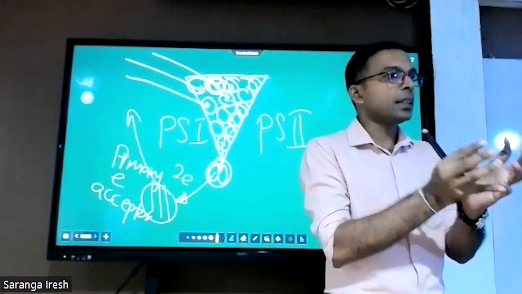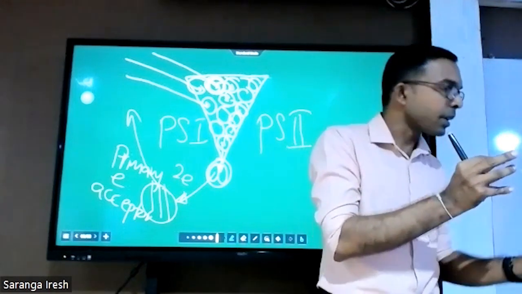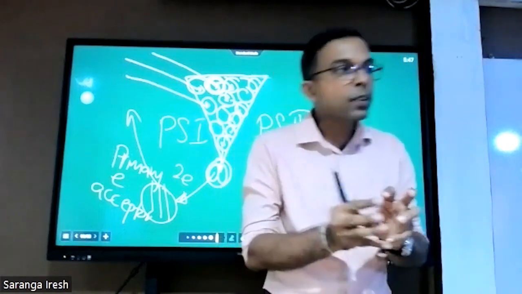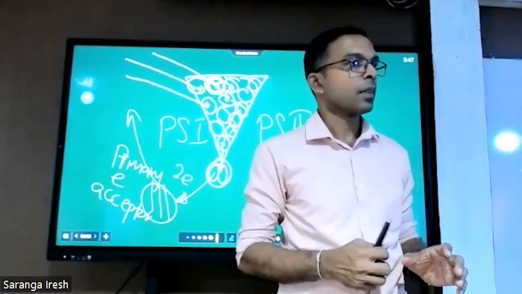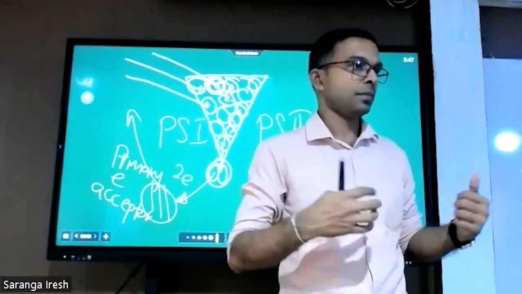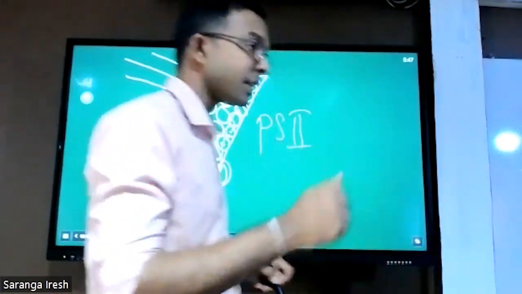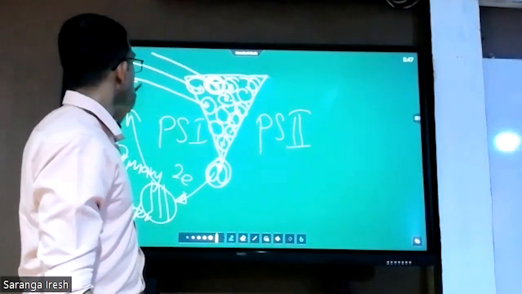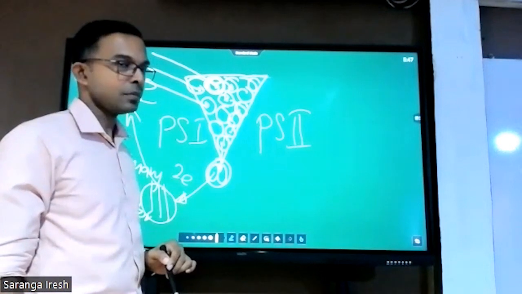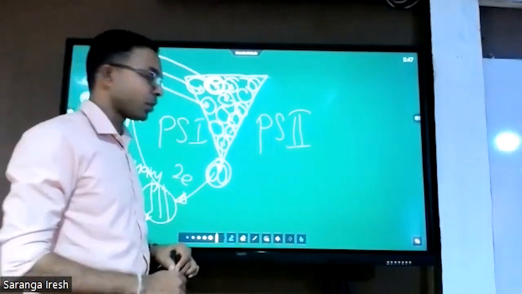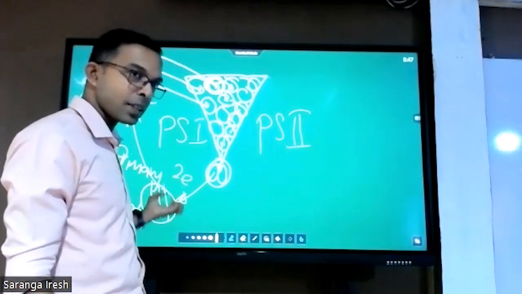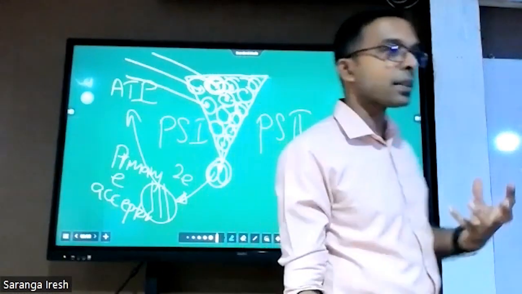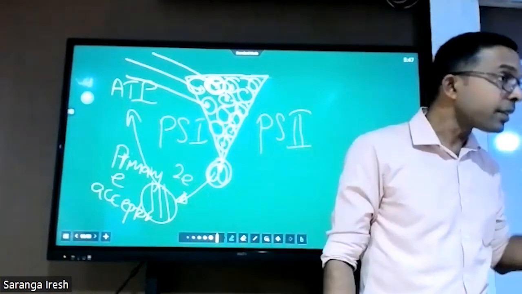When the electrons are transferred from molecule to molecule, they release energy. That energy is used to form ATP. So ATP is formed by the energy present in these two electrons. When these two electrons are passing, it generates ATP.